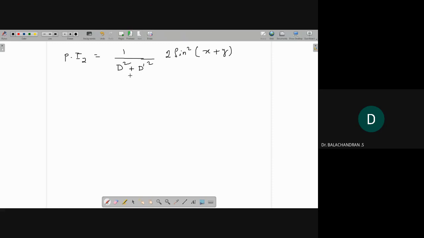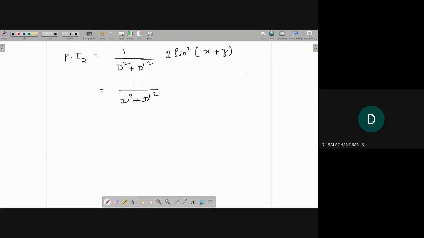Okay, now this is equal to 1 by D square plus D dash square, into sin square theta.